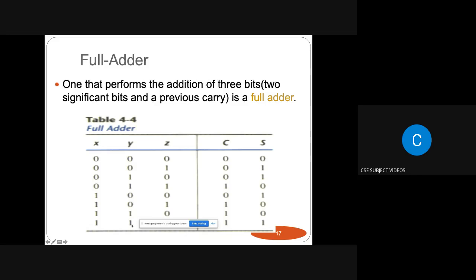Partial sum is 0, carry is 1. So here carry is considered as 1, and the partial sum 0 has to be added with this z value, which is 1. So 0 plus 1 is 1. So carry is 1 and also sum is 1. In this way, we have formed the truth table for this full adder circuit.